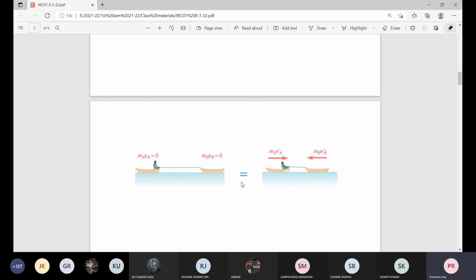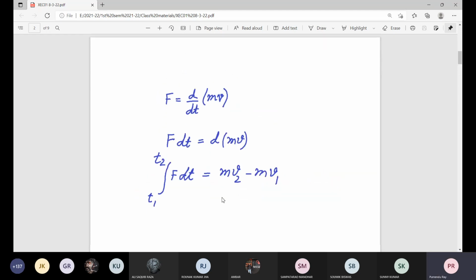And some more examples you have definitely done in your school, that is the impact. That is also a very useful application of this method, impulse momentum.